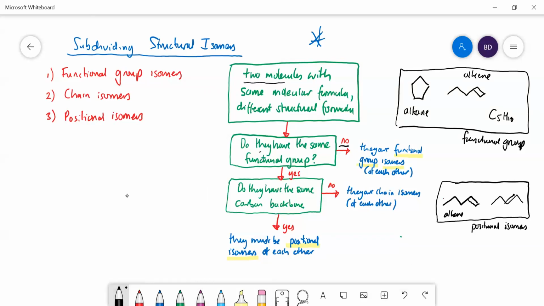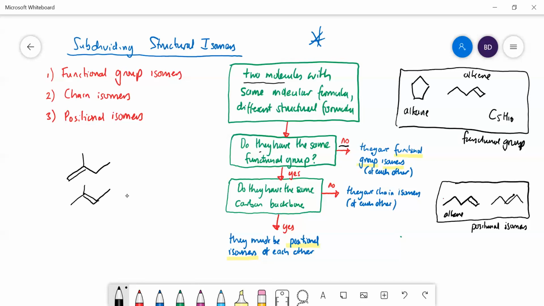Let's have a look at 2 more of those. So we have got that one, which would be called 2-methyl-but-1-ene, or this one, which you would call 2-methyl-but-2-ene.